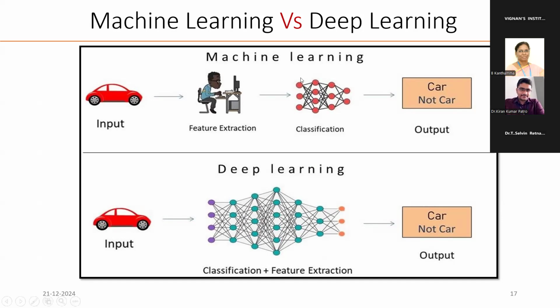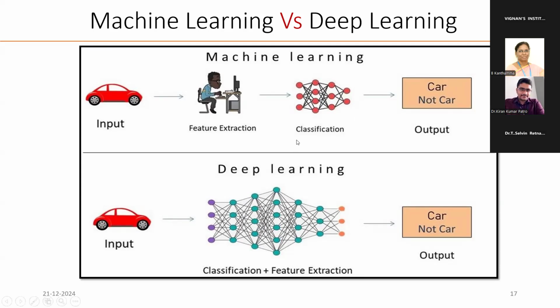Then it will classify whether it is a car or not a car. But in deep learning, you directly give your input. Deep learning layers automatically extract features from the input. At the same time, the features are applied to the classification algorithm. Then it will classify whether the given input is a car or not a car.